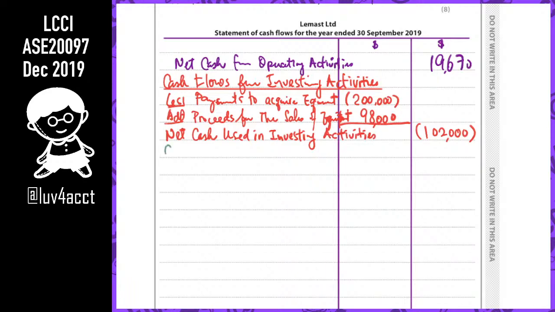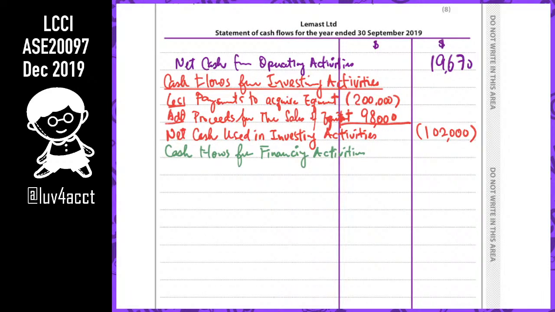Next, financing. Cash flows from financing activities. So this is our 6th set of paper. Is it 6? If you have been following all these 6 sets, I think by now you should be quite confident already. That's why I am also working on it faster.